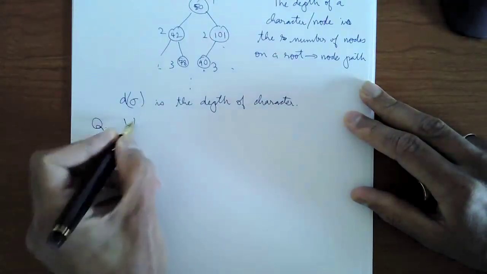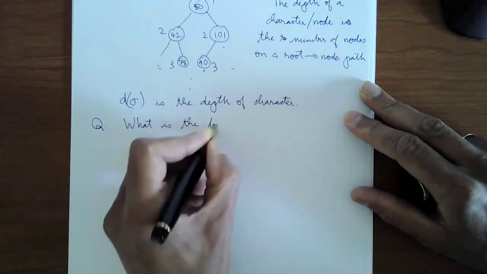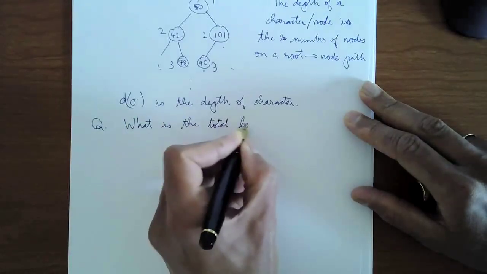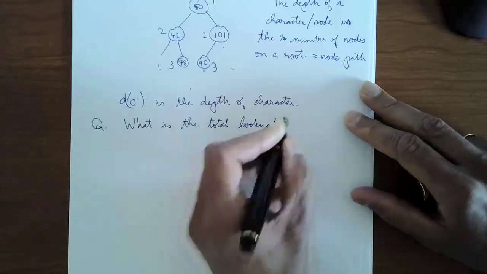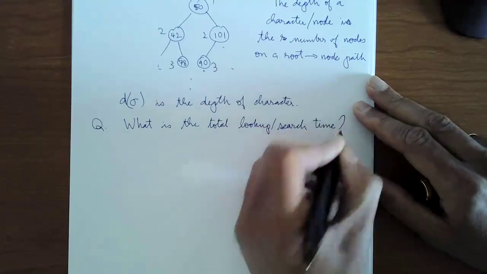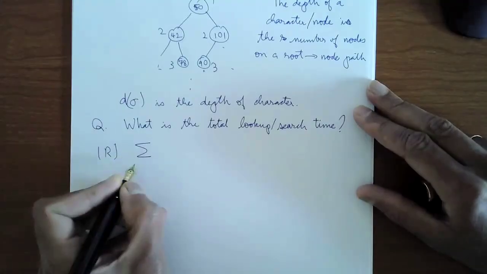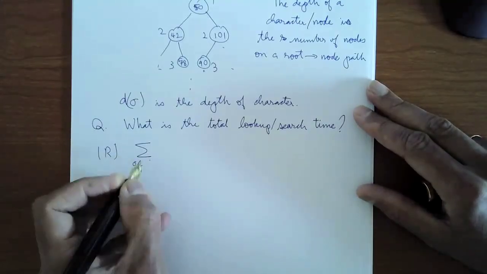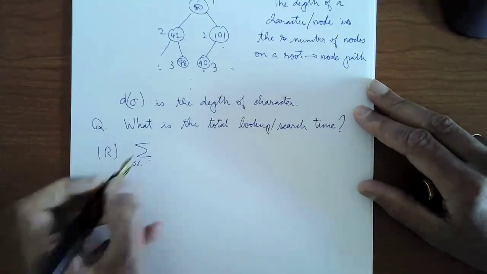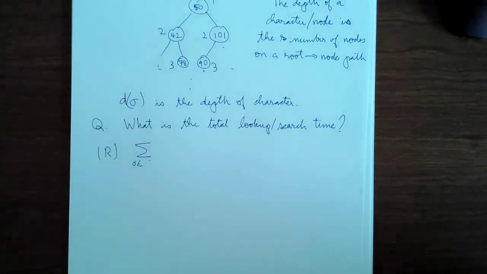Question: what is the total lookup or search time? Is it the summation? Okay, sigma is unfortunately overloaded here because it is also used for sum.